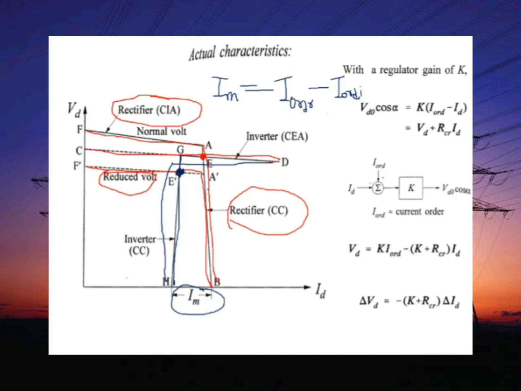And the inverter takes the current control and the rectifier establishes the voltage. So in this operating mode, the roles of the rectifier and inverter are reversed, and the change from one mode to another is referred to as mode shifting. So this is the basic explanation of the actual characteristic of an HVDC transmission system.